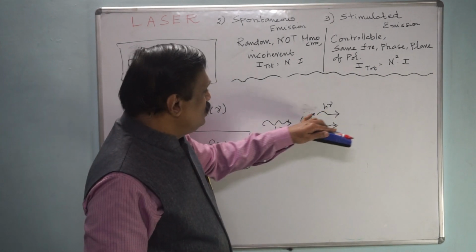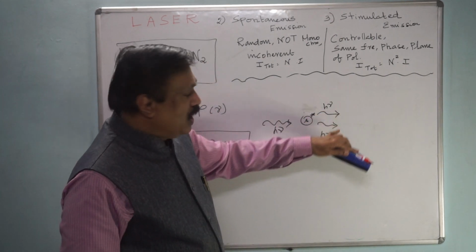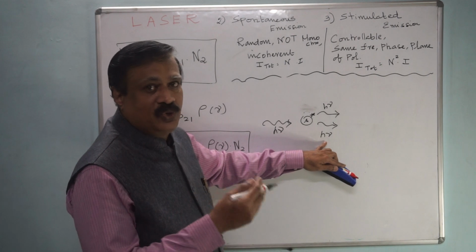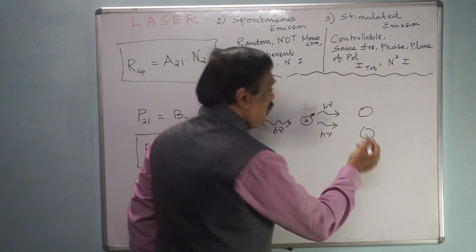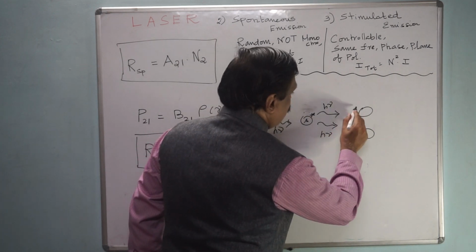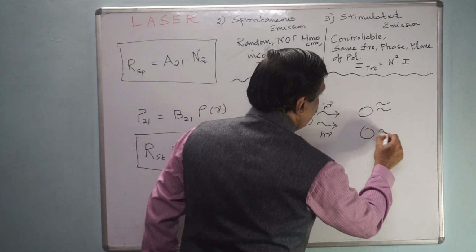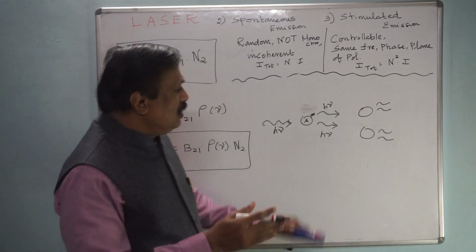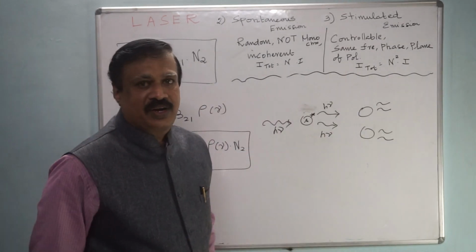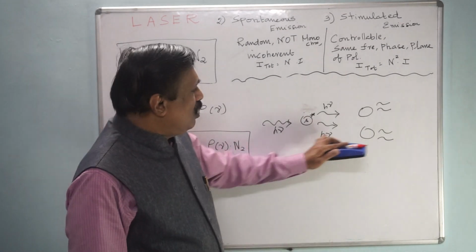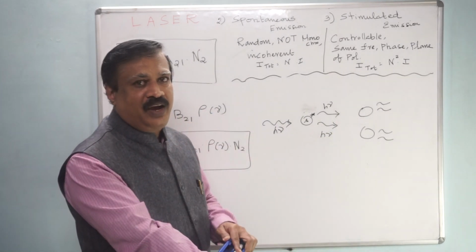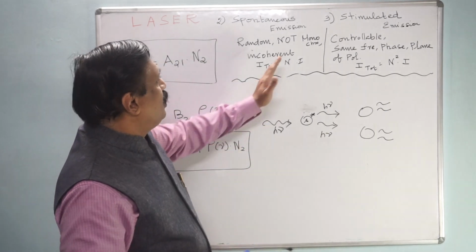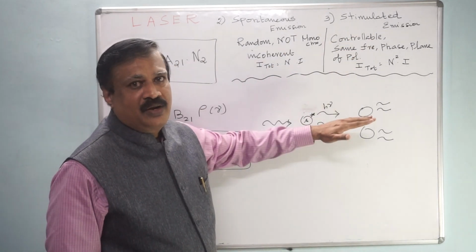This is the original h nu, and this is the one we have sent, induced. Now these two will strike another two atoms. Now it will give four, just like a chain reaction. Immediately all are happening, therefore the light is said to be amplified. This is the concept of stimulated emission.